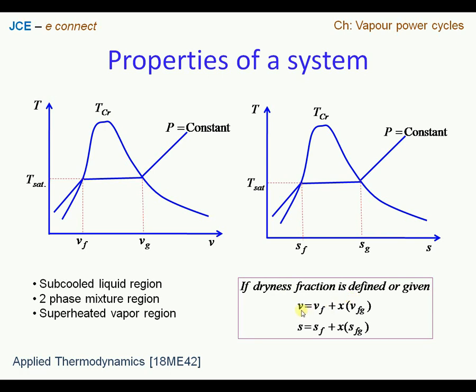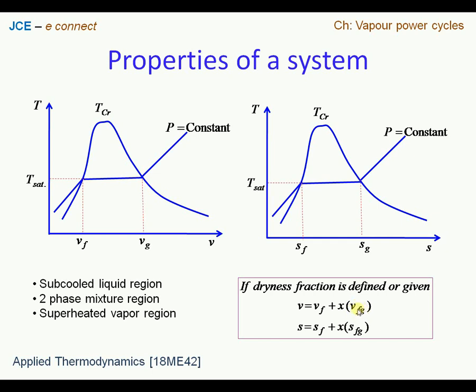So we have a relation here: specific volume within the dome, when the dryness fraction is given to us, is equal to Vf, that is the specific volume at the saturated liquid point, plus the dryness fraction multiplied by Vfg, the specific volume corresponding to vaporization. Vfg can also be expressed as Vg minus Vf.